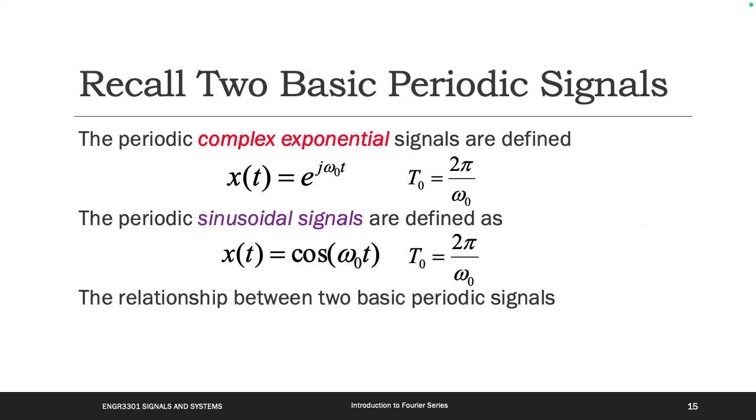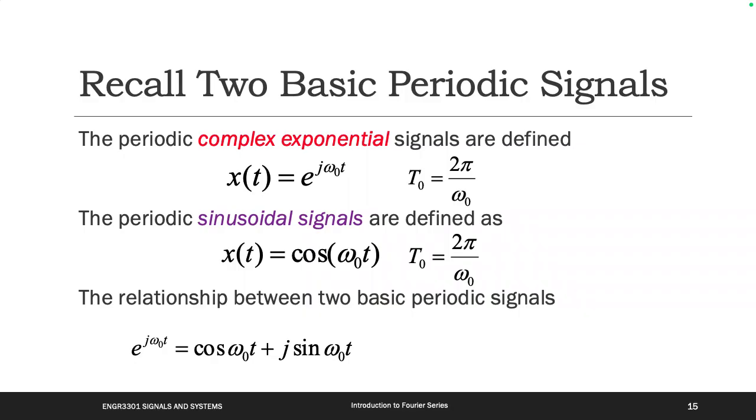And the relationship between the two basic periodic signals is what? You know that equation. How do we transfer the complex exponential signal to the sinusoidal signal? What's the name for that? Yeah, the Euler equation. Using the Euler equation, we can connect those two together, am I right?